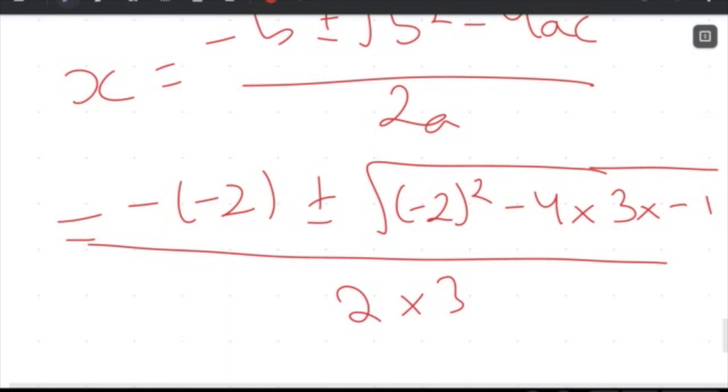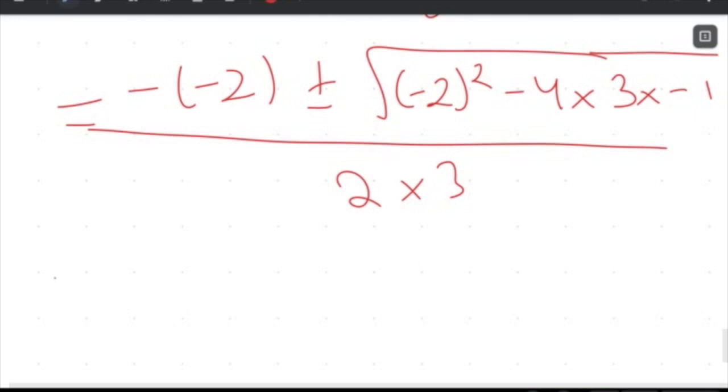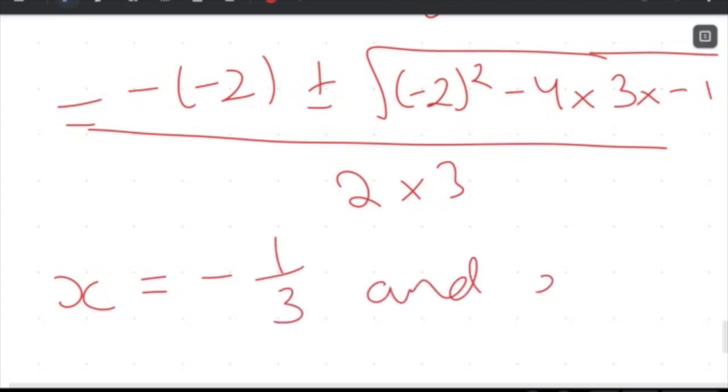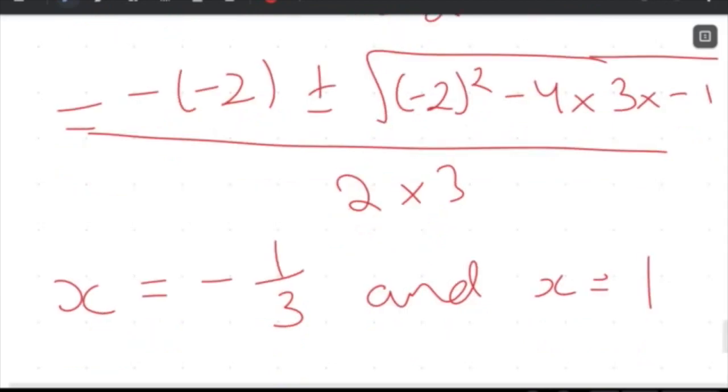And you guys can do this one slowly yourselves and work through this, but I'm just going to go straight to the answer because I'm more concerned about solving simultaneous equations here. So I get solutions of x equals minus 1/3 and x equals 1. Now, feel free to pause the video, have a go at computing this, or just pop it into your calculator. That's what it's there for.